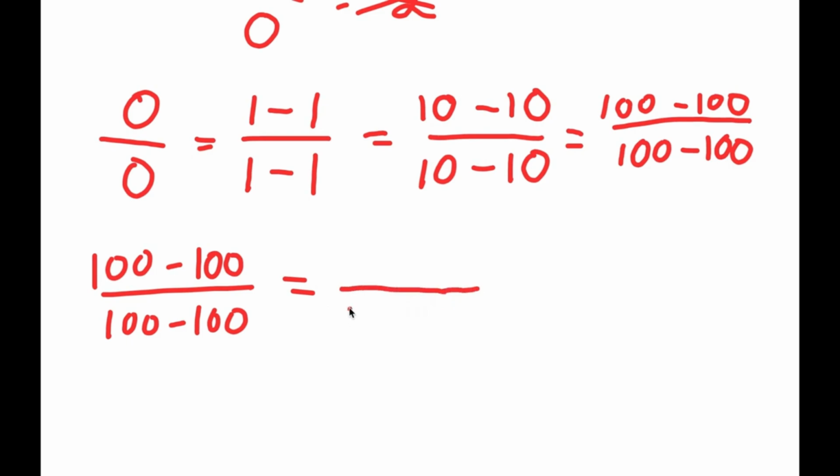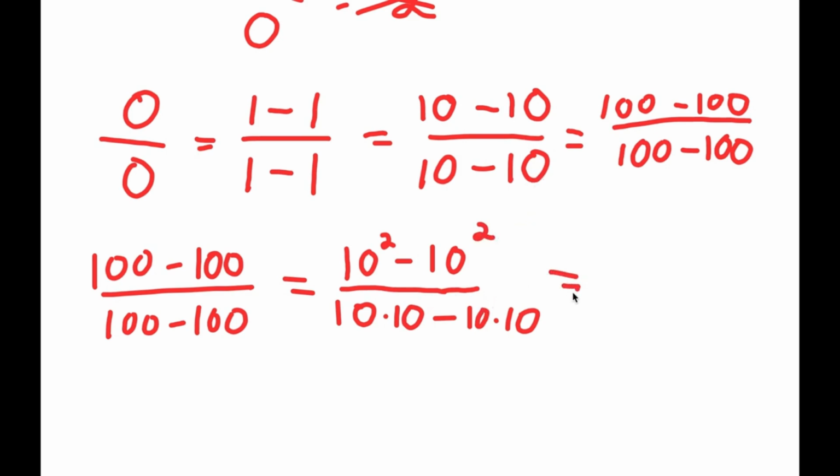So for my denominator, I'm going to write this as 10 times 10, because 100 is 10 times 10, minus 10 times 10 again. And for my numerator, 10 times 10 is the same thing as 10 squared, right? So for my numerator, I'm going to write 10 squared minus 10 squared.